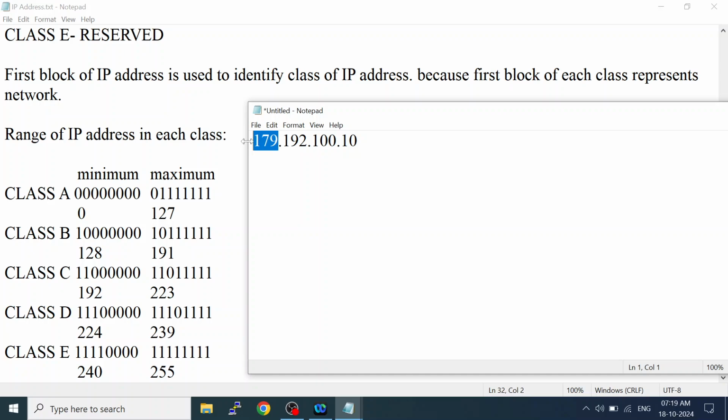Okay. Which class? Class D, C. Anyone who is having confusion? No confusion now?